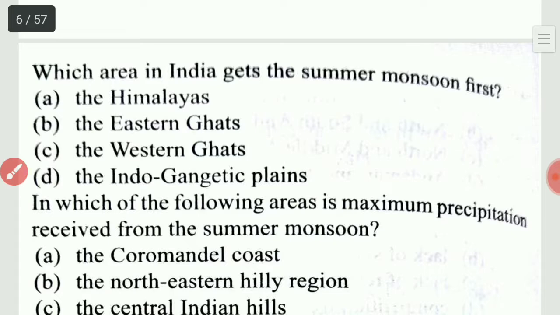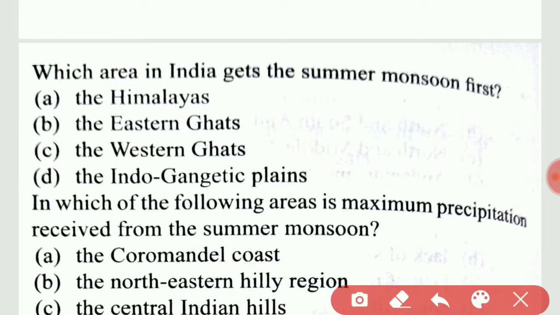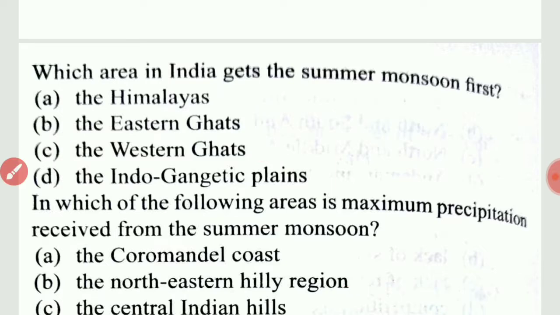Next, which area in India gets the summer monsoon first? The right option is the Western Ghats. The Western Ghats get the summer monsoon first.